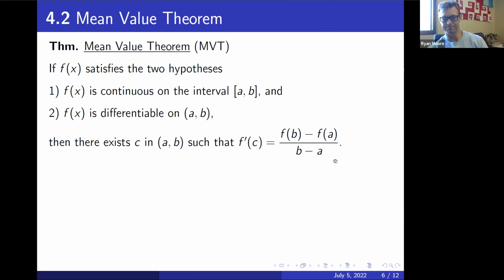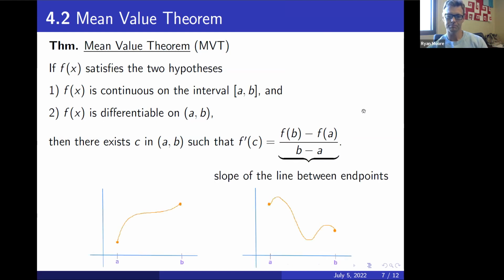This is the slope between the points at a and b, right? y2 minus y1 over x2 minus x1. That is the slope of the line. If you were to graph it and draw a line connecting the endpoints, that would be the slope of the line between the endpoints.